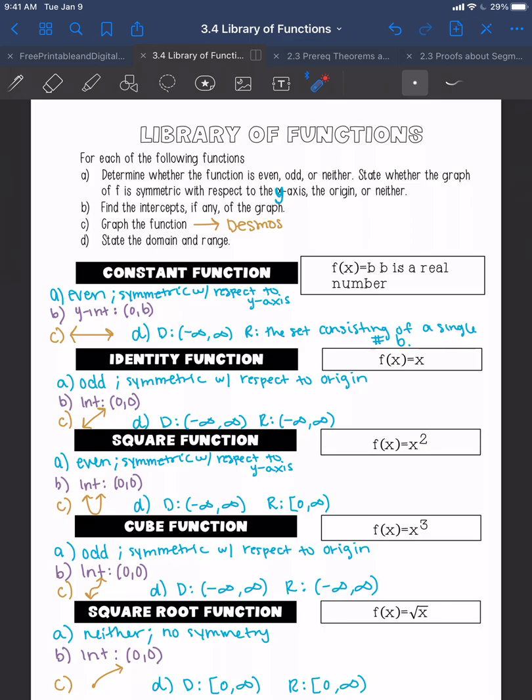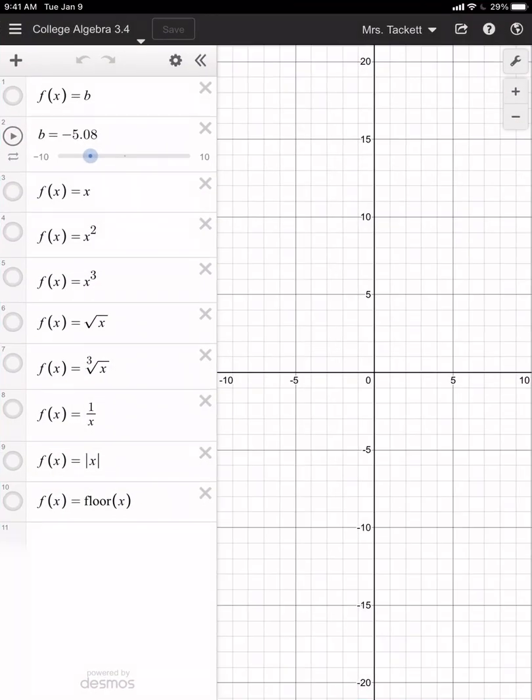So first we have the constant function, which is f of x equals b. Looking at that graph, it's just your horizontal line, and b can be any real number, so it really doesn't matter. My graph here is just going from 10 to negative 10 to show that. But if you kind of look at it, it has symmetry with respect to the y-axis, which means it's even.